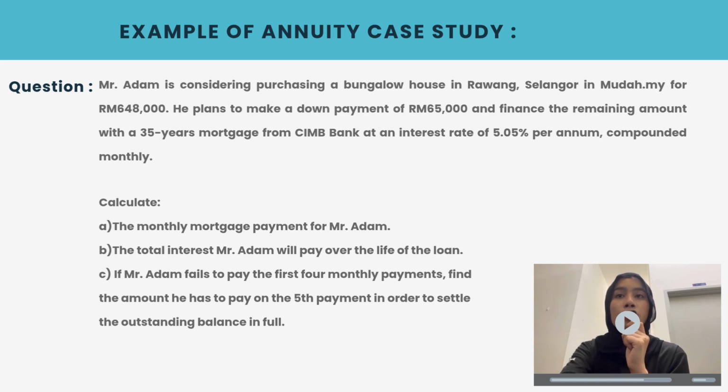The objectives are to calculate the monthly mortgage payment for Mr. Adam, then to calculate the total interest Mr. Adam will pay over the life of the loan, and lastly, if Mr. Adam fails to pay the first four monthly payments, to find the amount he has to pay on the fifth payment in order to settle the outstanding balance in full.